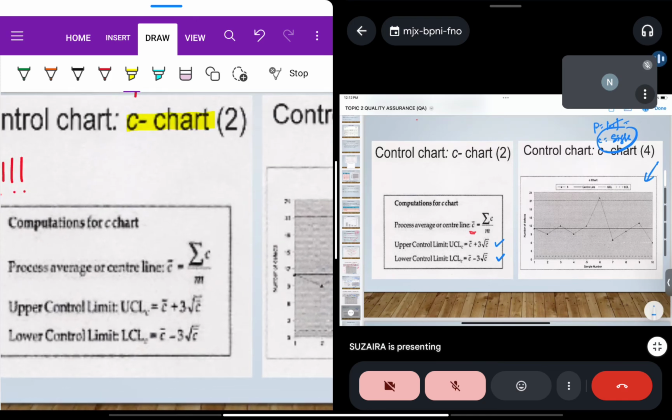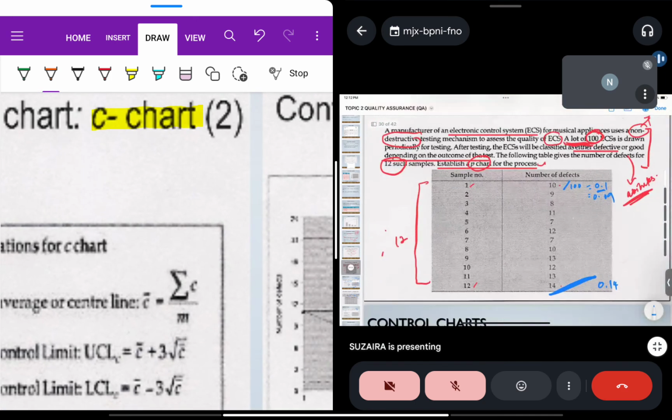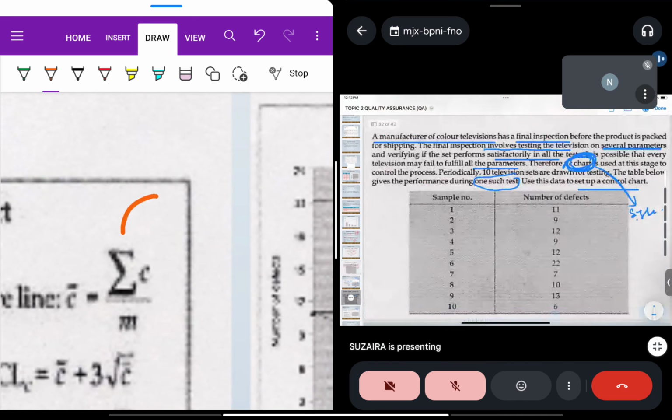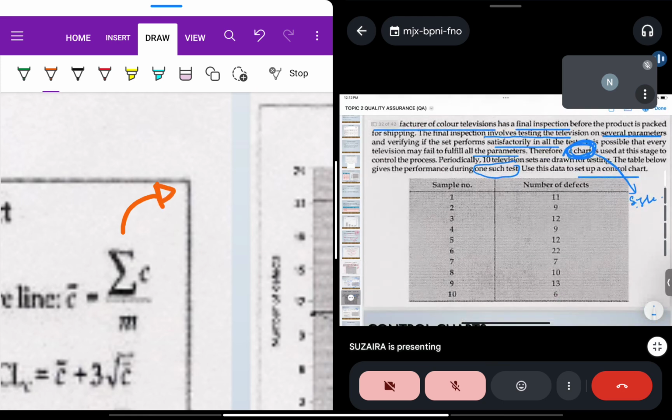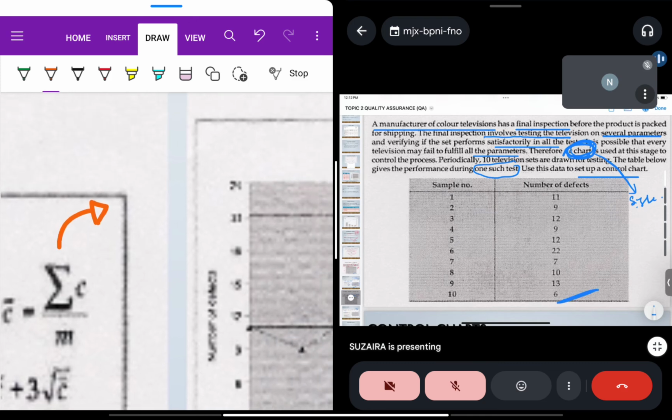First of all, we have the C bar, which you need to remember: sum of C divided by M. The sum of C, from number 1 to 10, means we have to add all of this: 11 plus 9 plus 12 plus 9 plus 12 plus 22 plus 7, 10, 3, 13, and 6. How many?